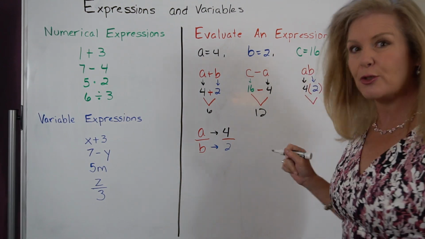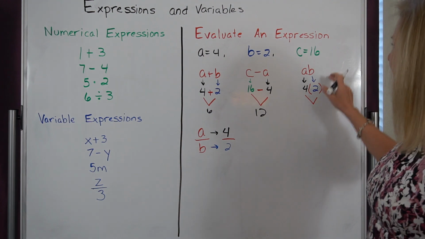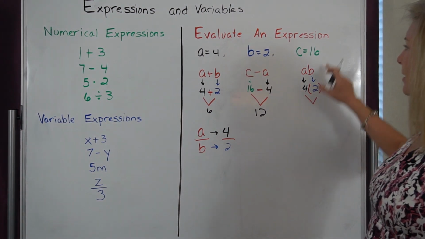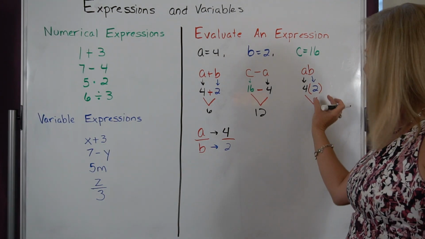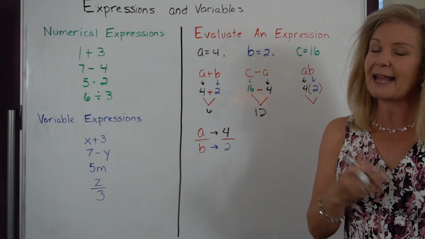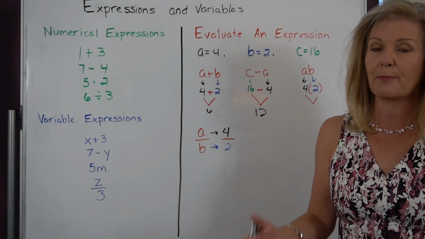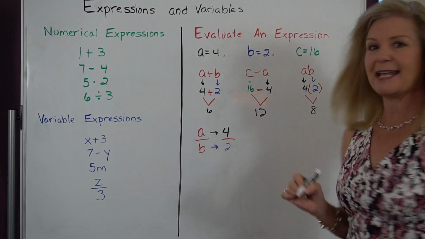So whenever I see two letters together, I know that has to be multiplication. So here I'm going to replace A with 4 and B with 2. Notice I didn't use the multiplication sign, but I did use parentheses there. And that just helps us see that it's not the number 42, it's the number 4 times 2. Well, 4 times 2 is 8.